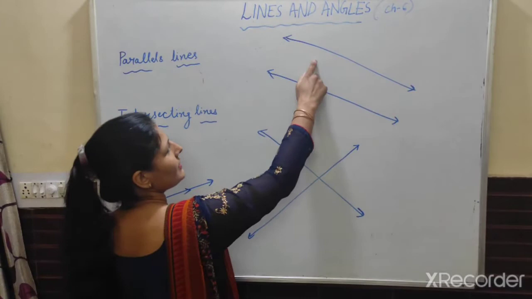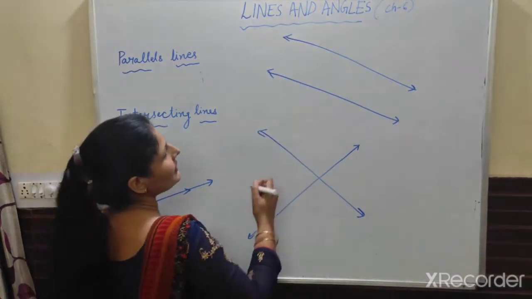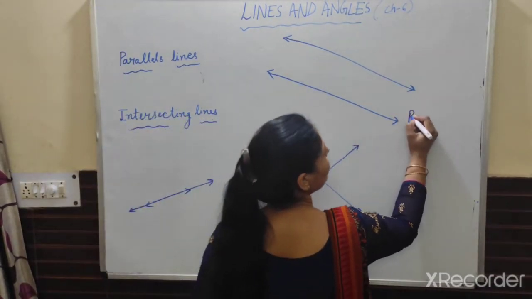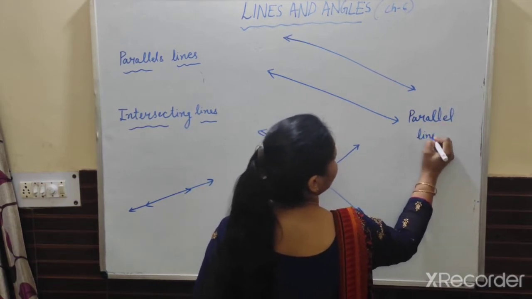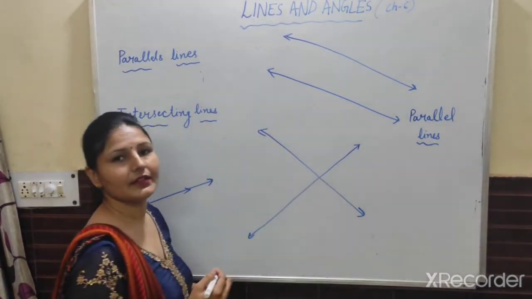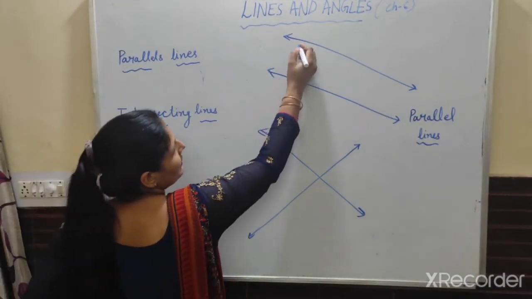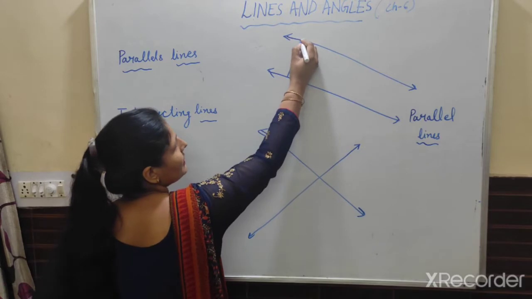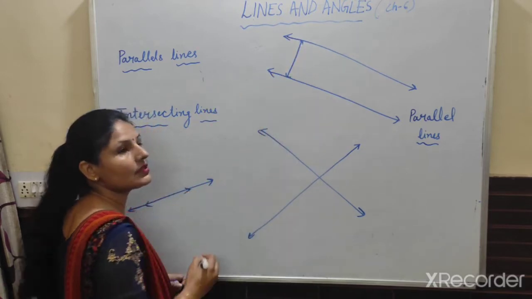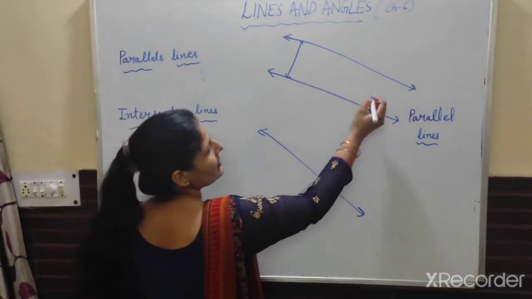What are these lines called? These lines are parallel lines. How will you define it? The distance between these two parallel lines is always the same.